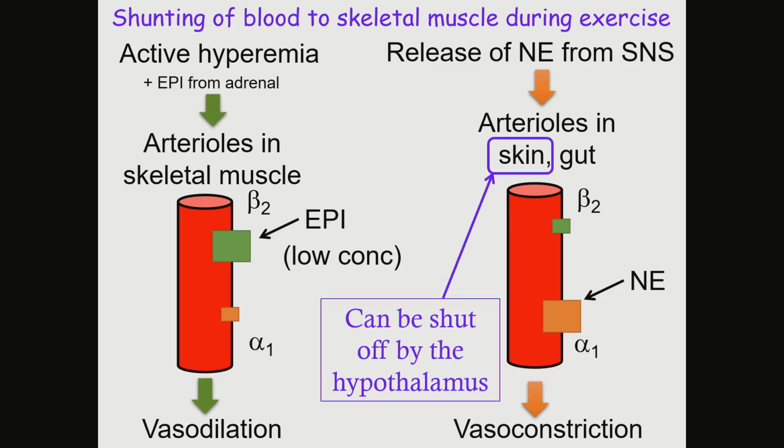If my body temperature starts to go off, the hypothalamus senses that, and so this effect can be shut off by the hypothalamus. That's why, when you're exercising heavily, especially if it's hot outside, you're still going to get a lot of vasodilation on your skin.